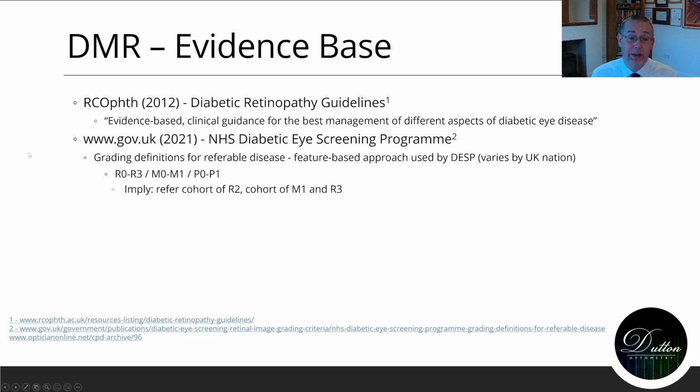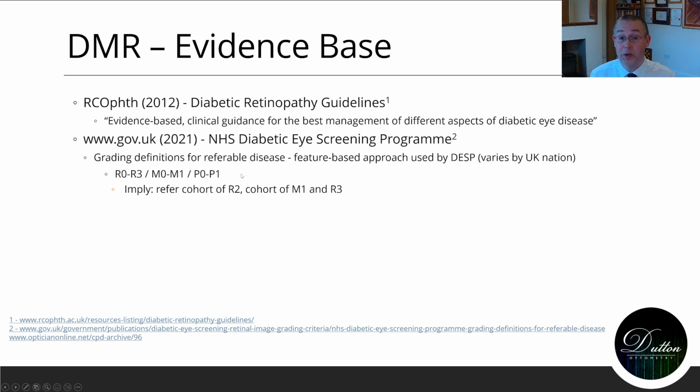The second one is gov.uk, and this is much more current, and this is relating specifically to the Diabetic Eye Screening Programme, DESP. It is a refresher for a number of us on the various types of gradings. And remember, these do vary across the UK nations, but in England, which is the one I'm most familiar with, is the R0 to R3, M0 to M1 and so on.